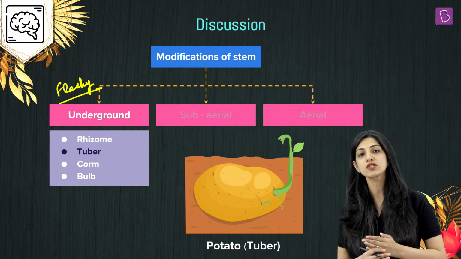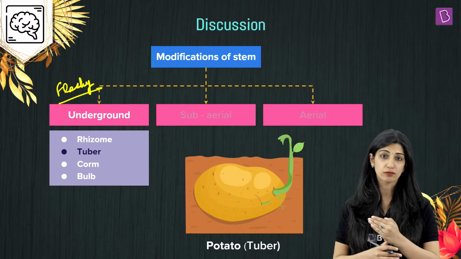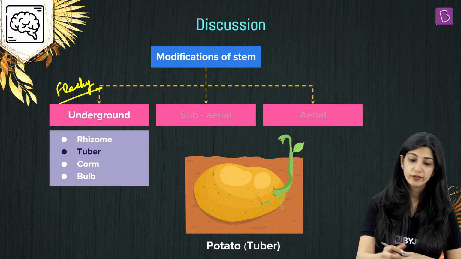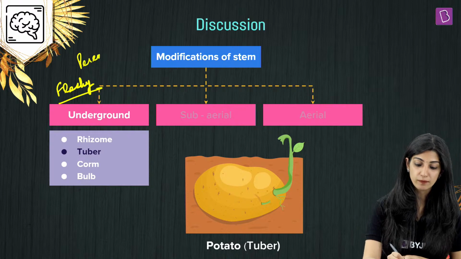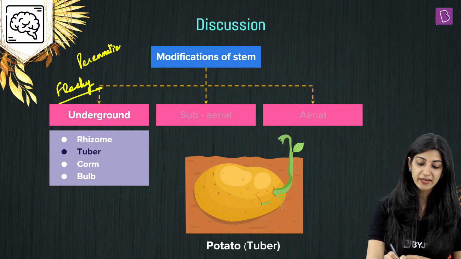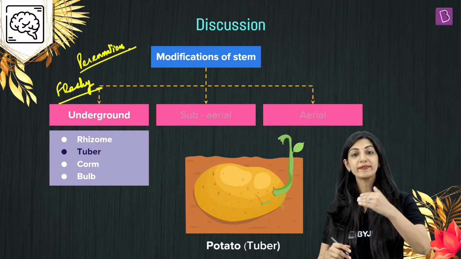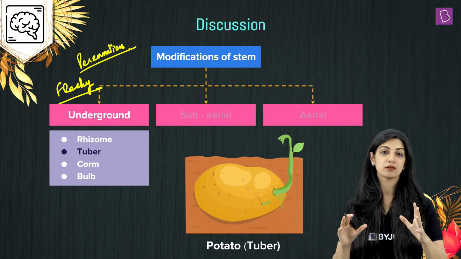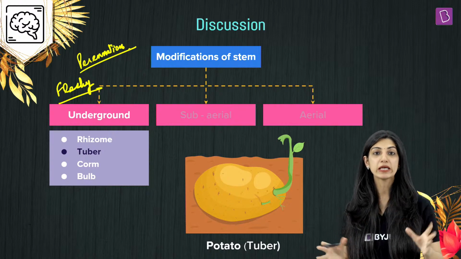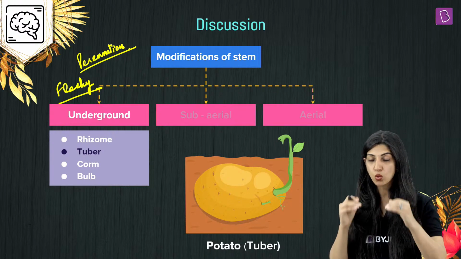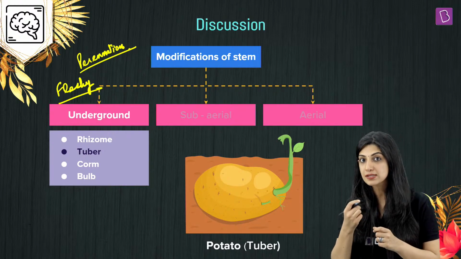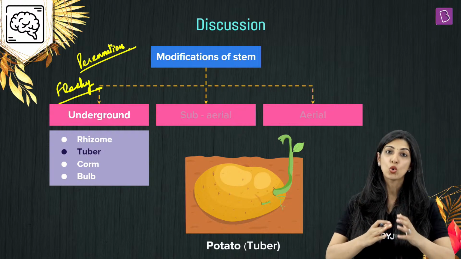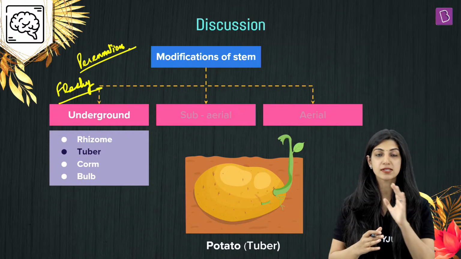But they are actually storing food as an adaptation, for the purpose of perennation. What is perennation? When the aerial plant is dying because the environment is very unfriendly, there is too much sunlight, no water, photosynthesis is not happening, then the plant still doesn't die owing to the food present in these stems.